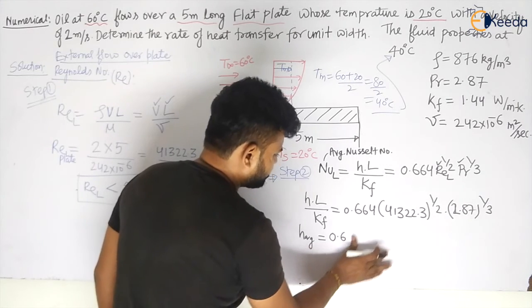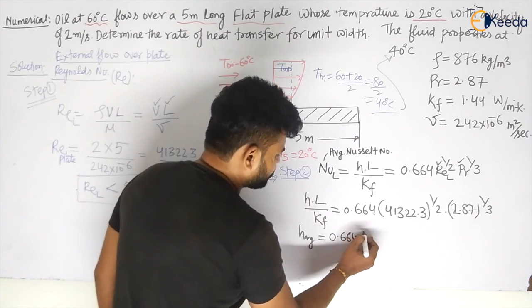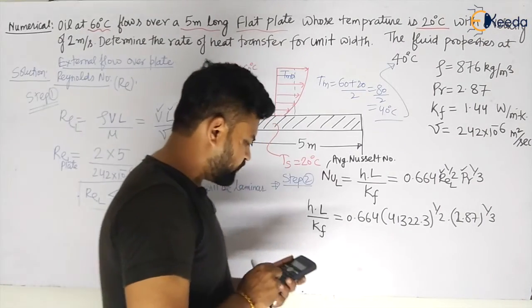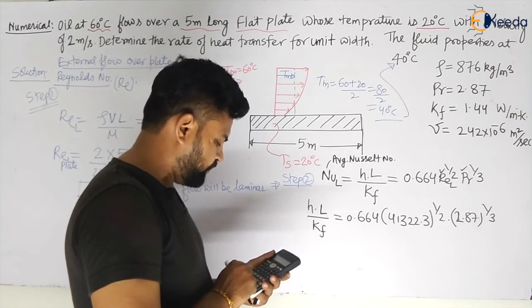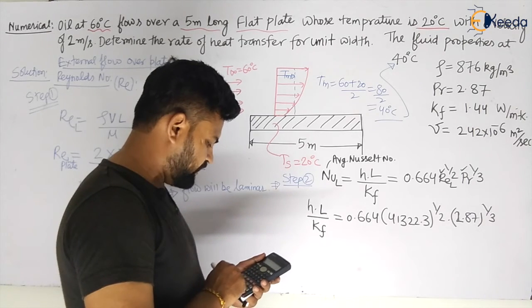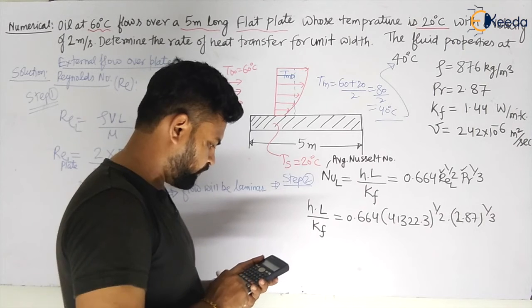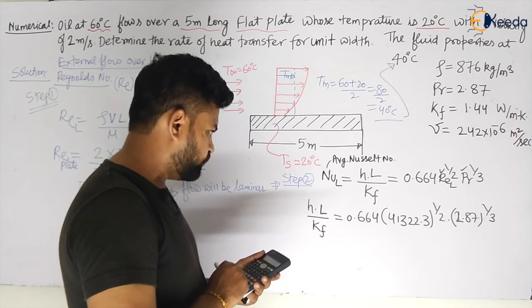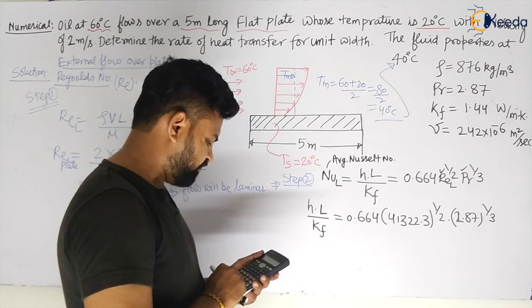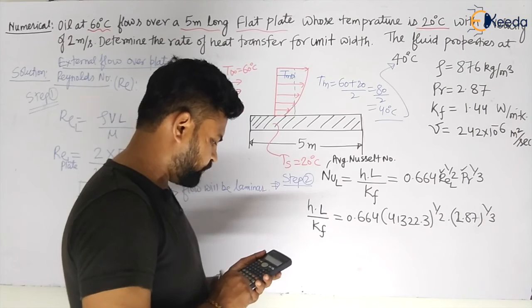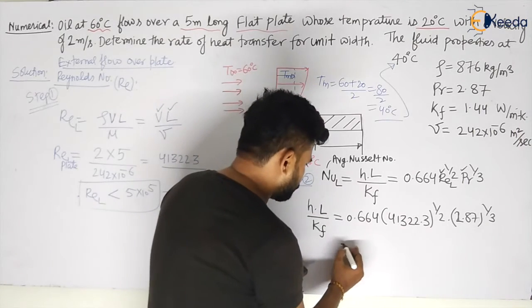So let us calculate it. This will be 2.87 to the power 1 by 3 multiplied by 41322.3 to the power 0.5 into 0.664, and this value will be equal to how much?